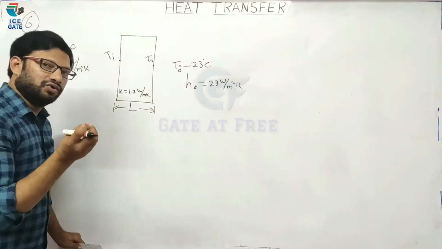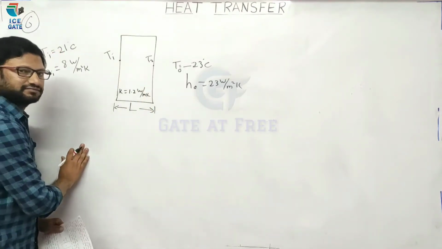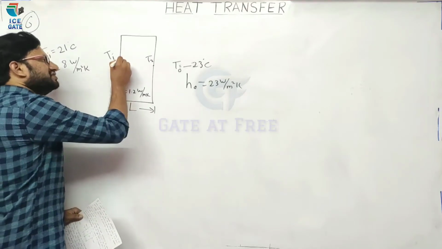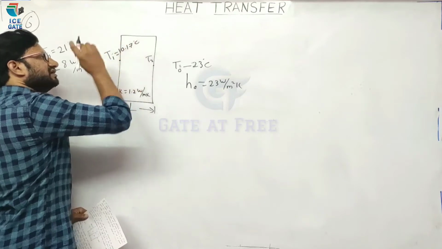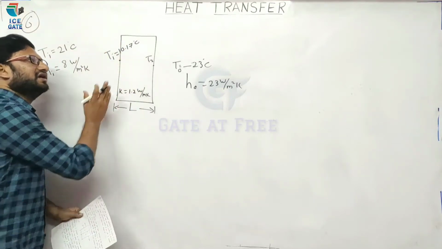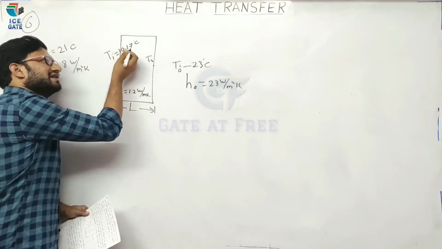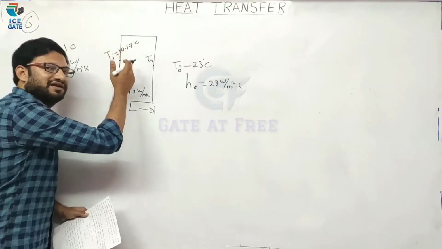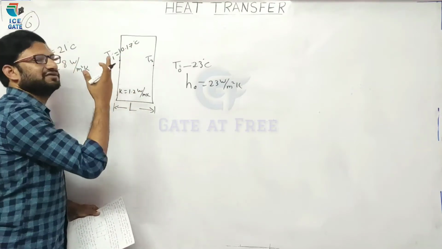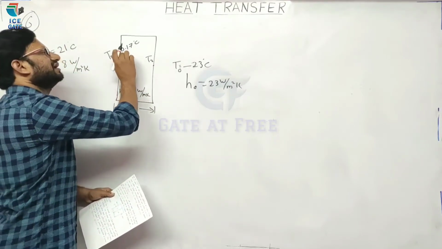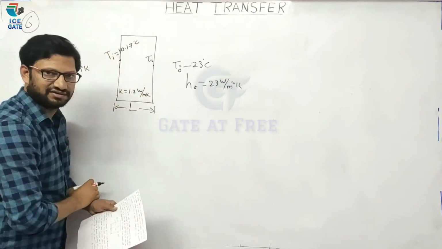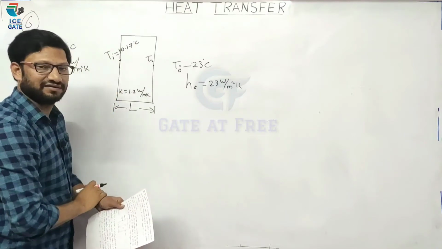Now to avoid condensation, assume T1 is equal to 10.17 degrees centigrade. If the wall temperature is less than 10.17 degrees centigrade, what happens? Condensation will begin. So take the wall temperature as 10.17 degrees centigrade so that we prevent condensation.